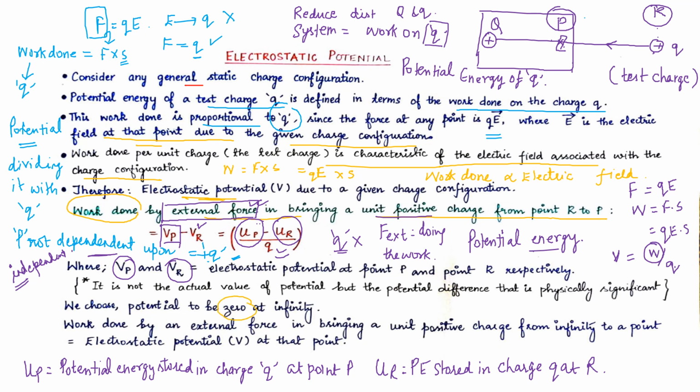Then what will happen? Work done by the external force in bringing a unit positive charge from infinity to the point will be given as electrostatic potential at that point.